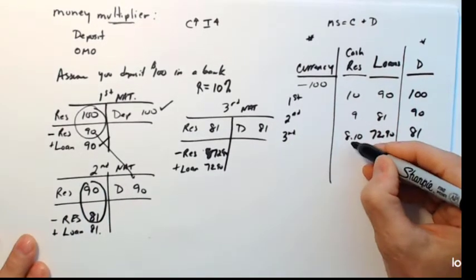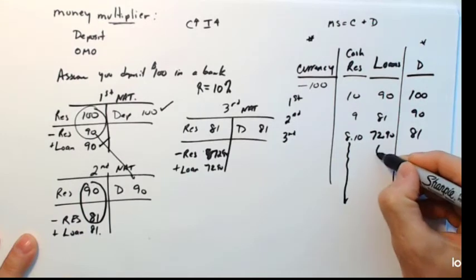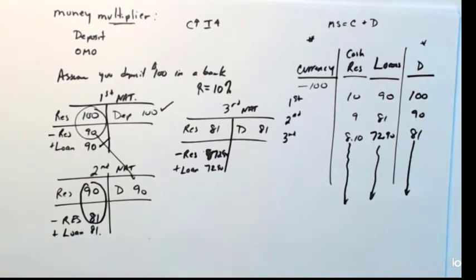And now we're going to assume that this goes on forever. In other words, there's an infinite number of banks, and we make that assumption, the infinite number of banks where this process holds.